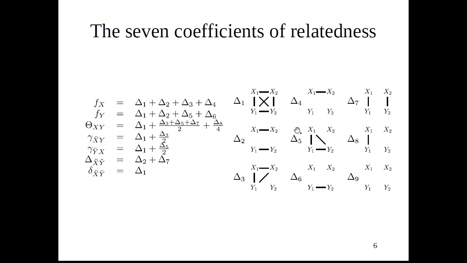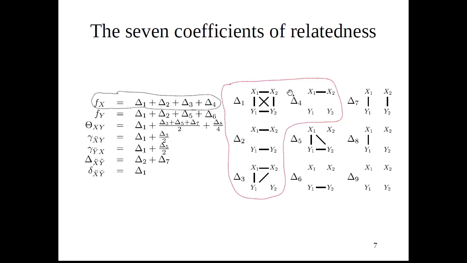So once you have these 9 terms, if you're interested in doing some quantitative genetics, you can group these terms in groups that share similar relationships between genotypes and phenotypes. So if you're interested in, say, the effect of inbreeding, you can group the terms where the 2 alleles in individual X are joined by lines.